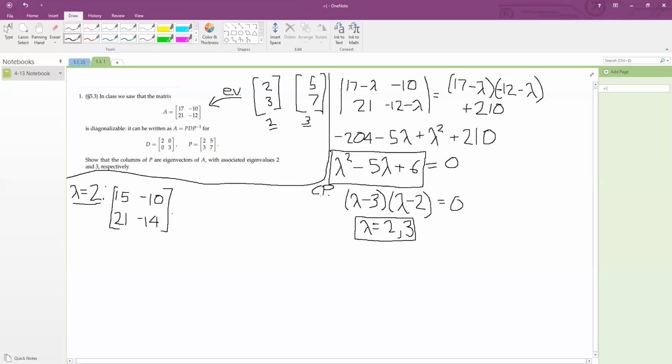If you go through and do the full row reduction, you should end up getting 1, negative 2/3, 0, and 0.